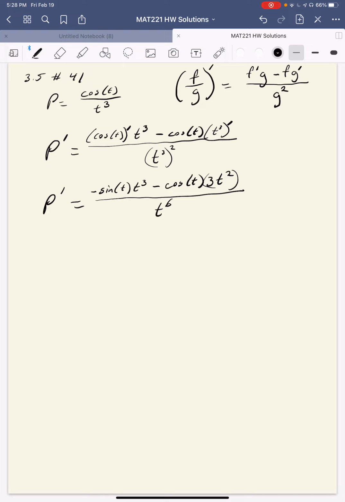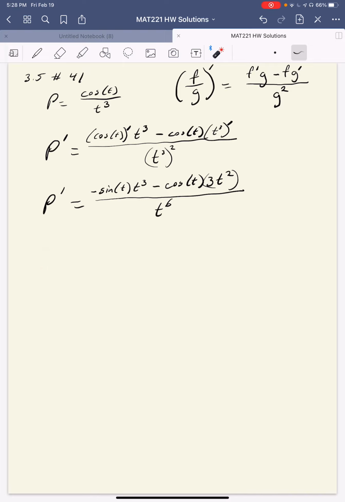Now, often, because we don't want to get confused here, this is the cosine of t being multiplied by 3t squared. So often what we'll do is pull that 3t squared in front of the cosine, just so we don't get confused what's going on. But it's okay if you leave it in parentheses like that, you don't have to do anything else.